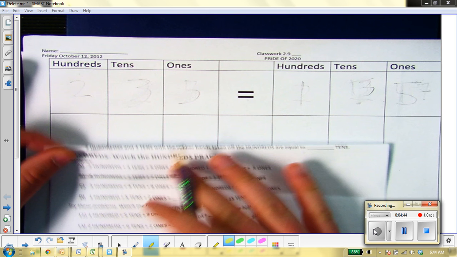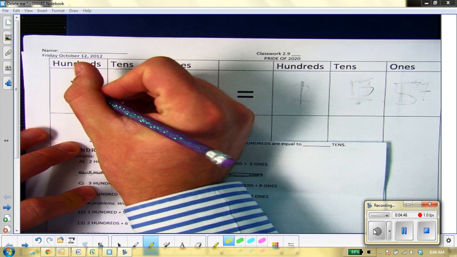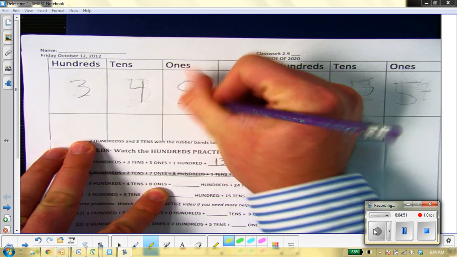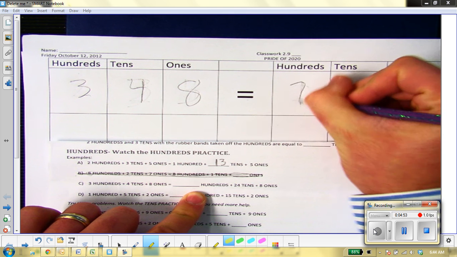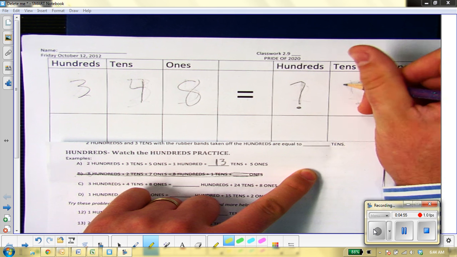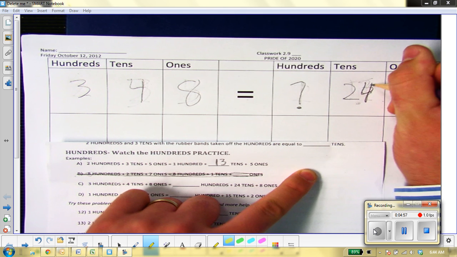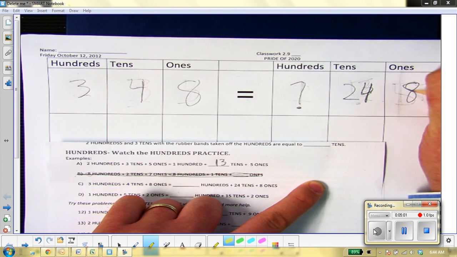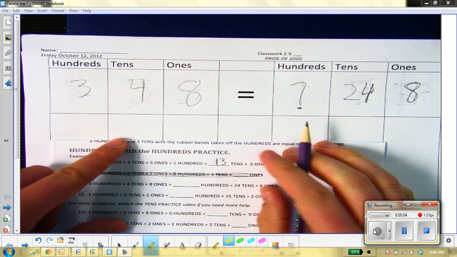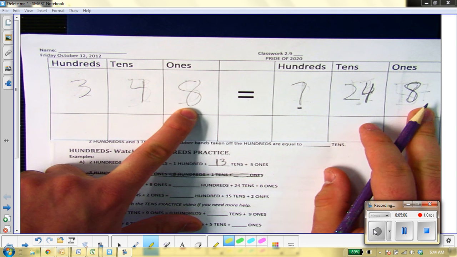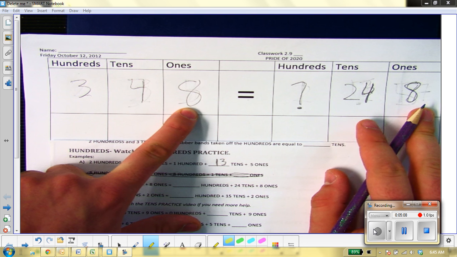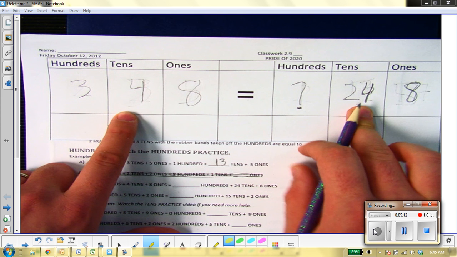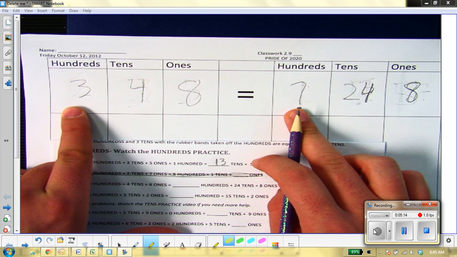So I write them up in the boxes. 3 hundreds, 4 tens, 8 ones, I don't know how many hundreds, 24 tens, and 8 ones. Already I can tell that the ones don't change. The tens do. And I need to figure out how the hundreds change.